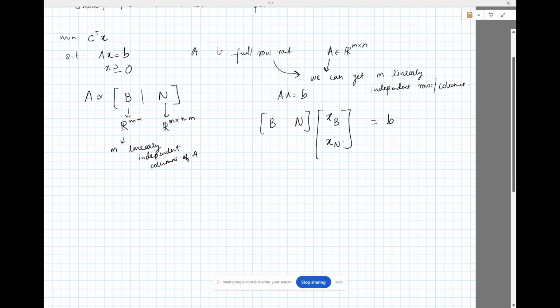So what they do is they set xN equal to 0. That means if I do N xN, I get 0. So if you multiply these two, what you'll get is B xB plus N xN equal to b, and you put all xN equal to 0.